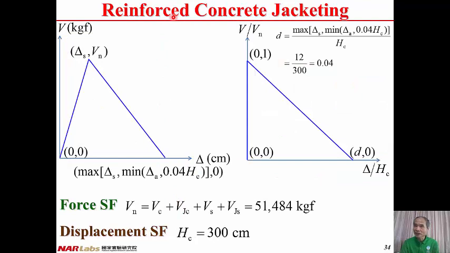And with RC jacketing, similarly, we can have the force displacement relationship, and then we can transform it into non-dimensional quantity, and the force is normalized by Vn, and the displacement is normalized by the clear height of the column. And Vn is the shear strength of the column with RC jacketing, equal to 51 ton-force.